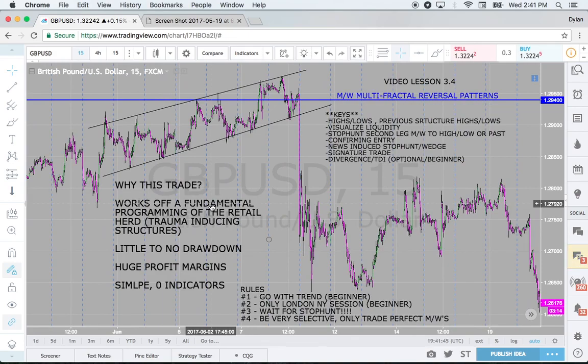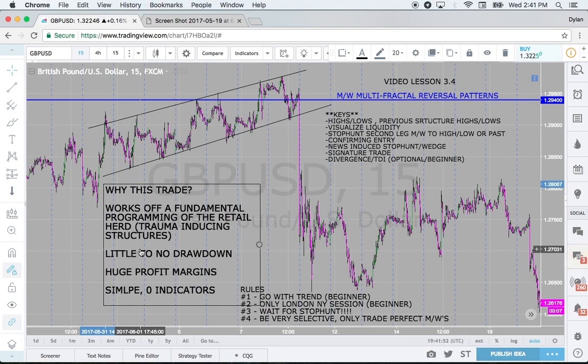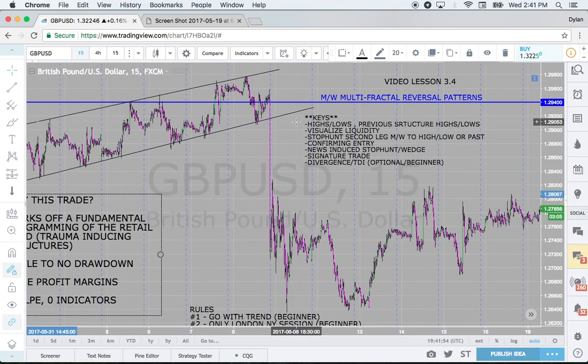So the multifractal patterns have little to no drawdown.